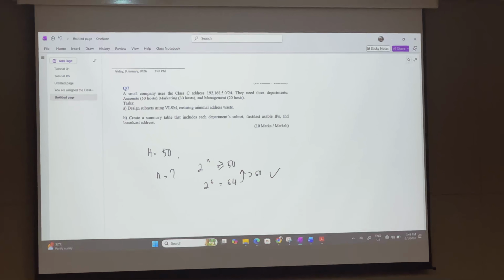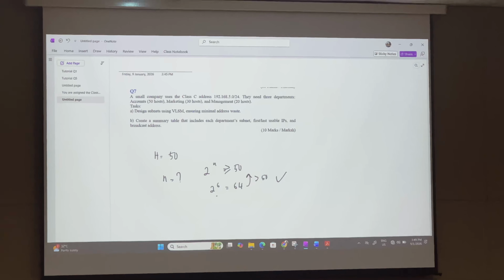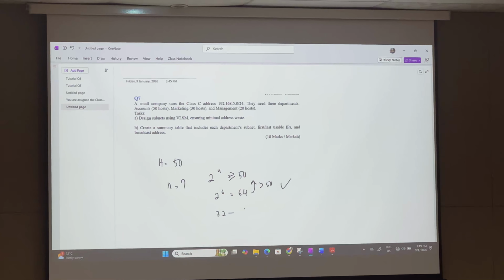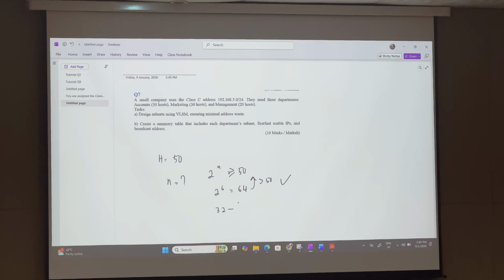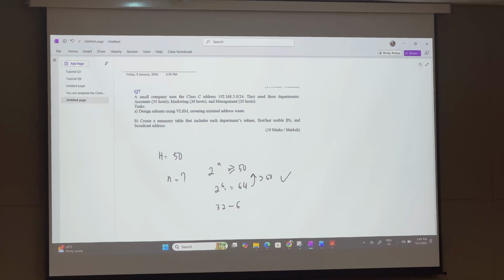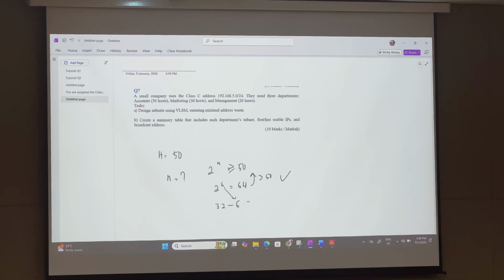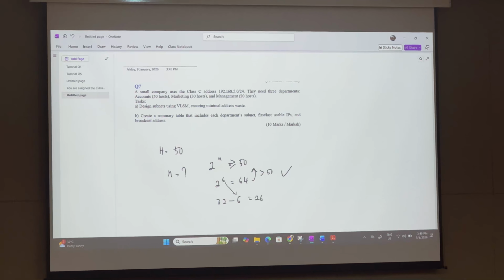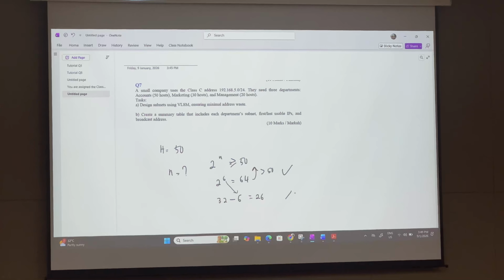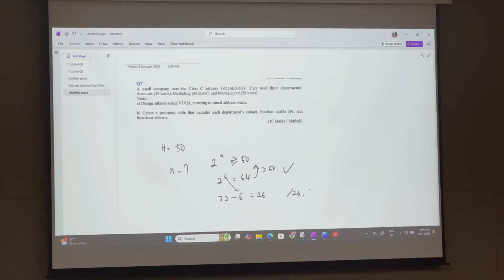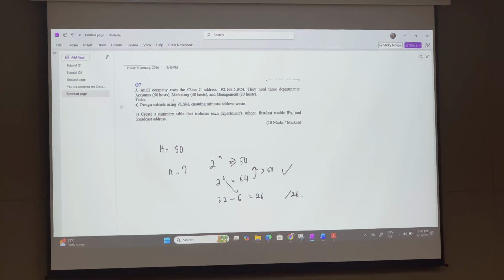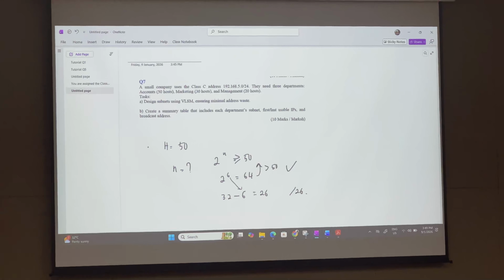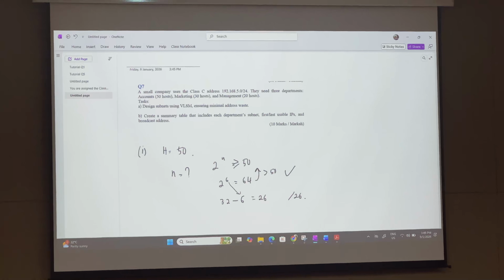After that, the CIDR, I mean the mask length: 32 minus 6, you'll get 26. So this CIDR is /26 for the 50 hosts. Let's label this one as 1.